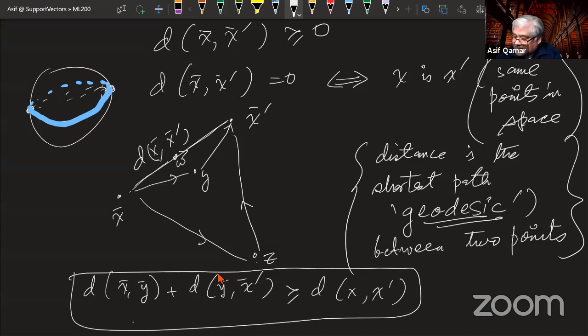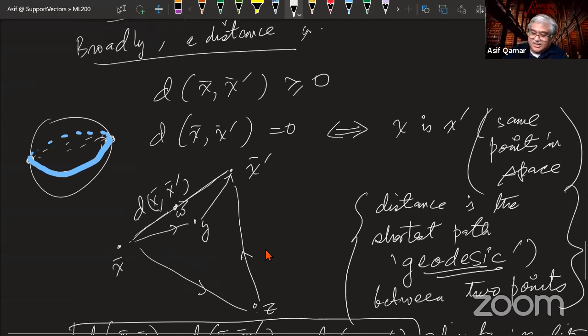So it is actually sort of related to something like the Schwarz inequality, but it's common sense. So we say that any function in a space that satisfies these properties is a bona fide definition of distance.